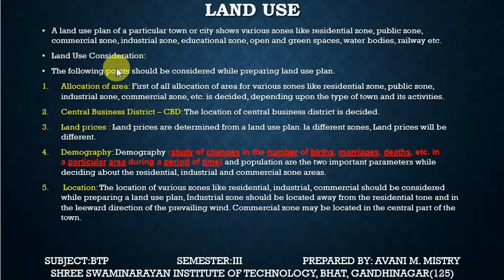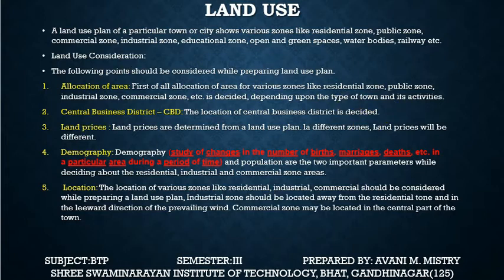Land use consideration, that is, the following points should be considered while preparing the land use plan. First of all, allocation of the area for various zones like residential, industrial, public, as discussed earlier, is decided depending upon the type of the town and its activities.